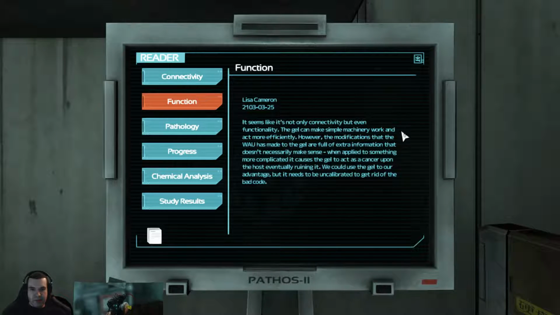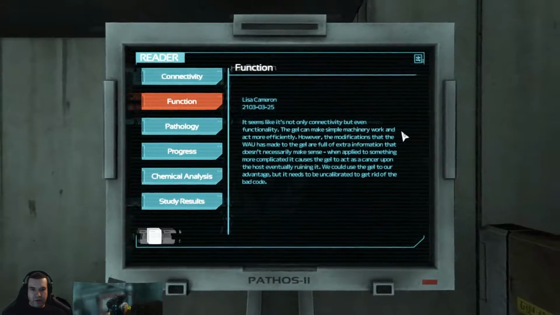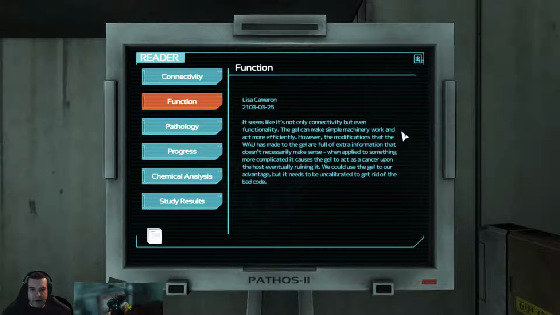The gel can make simple machinery work and act more efficiently. However, the modifications that the WoW has made to the gel are full of extra information that doesn't necessarily make sense. When applied to something more complicated, it causes the gel to act as a cancer upon the host, eventually ruining it. We could use the gel to our advantage, but it needs to be uncalibrated to get rid of the bad code.